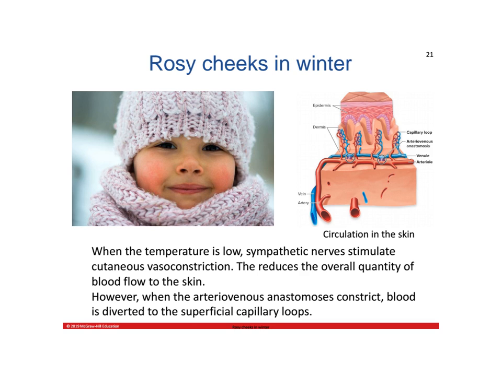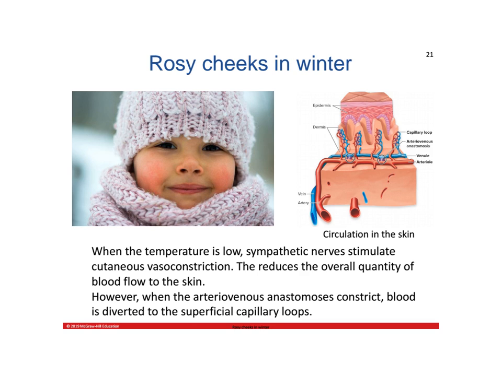Well, when the temperature is low, the sympathetic nerves stimulate cutaneous vasoconstriction. So this does, in fact, decrease the overall quantity of blood flow to the skin. However, if you look in detail at this, you can see that these anastomoses also can constrict. So they're encircled by smooth muscle. They constrict.